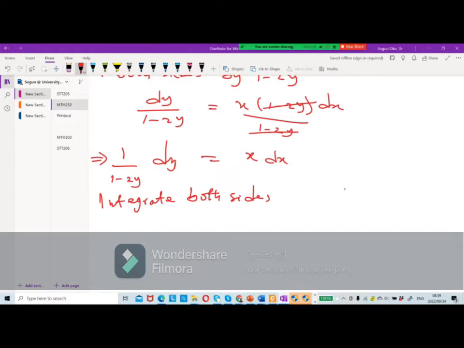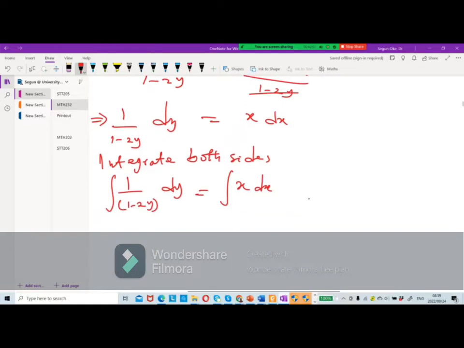For us to integrate both sides, certain things are involved. So when you say integrate both sides, it will be the integral of 1 over 1 minus 2y dy equals the integral of x dx. This is where we will test your integration ability, whether you just cram and pick answers during your calculus 1, calculus 2. This is where they will test it.